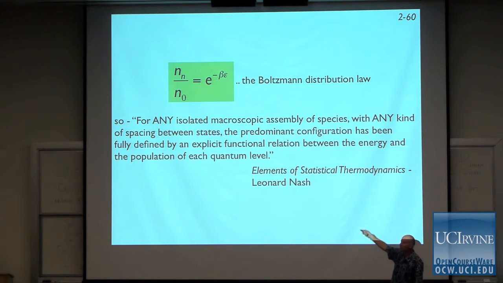In other words, this equation holds true not for every configuration, but only for the one that matters, the one that dominates the number of configurations that are out there. Remember, when you have a large system, it's dominated by one configuration or a very small number of them.